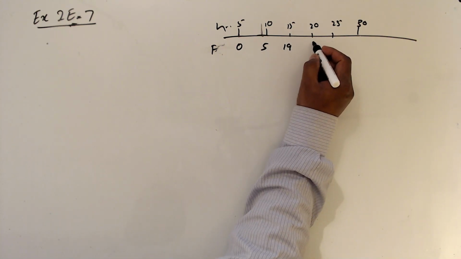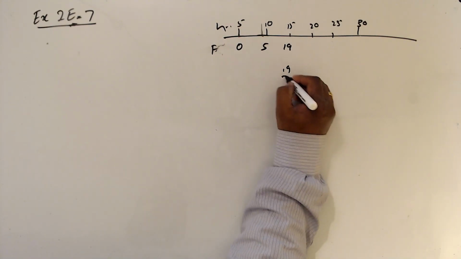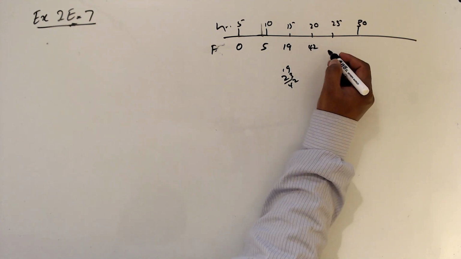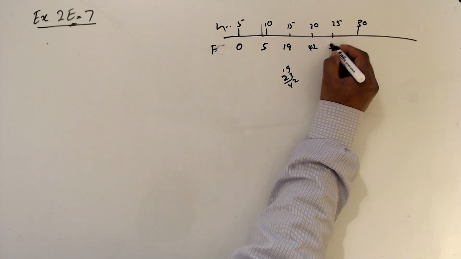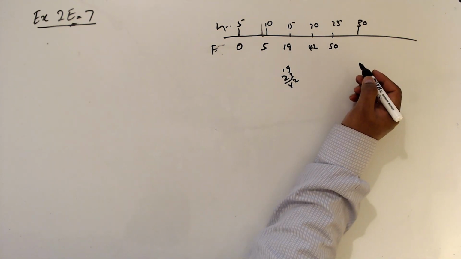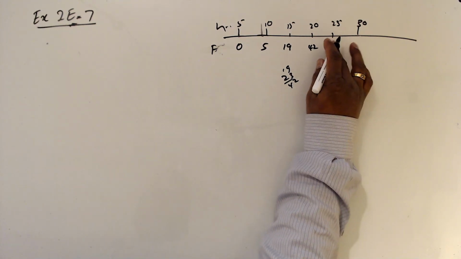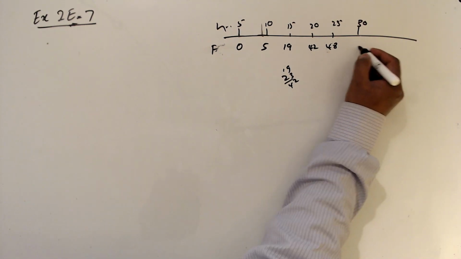Then when it comes to 20, 19 plus 23, 42. When 42 plus 7 comes here, this is 50, 48, 42 plus 6, 48, and 48 plus 2, 50.